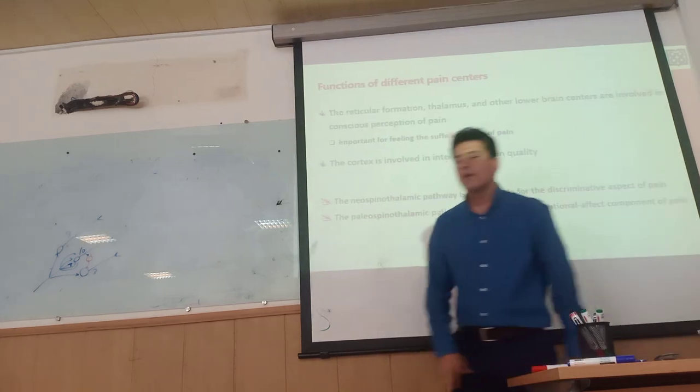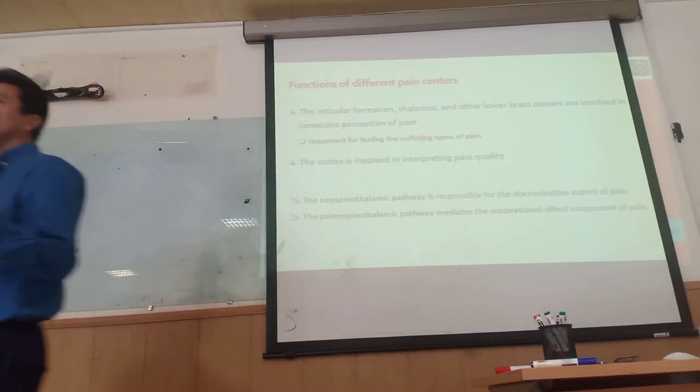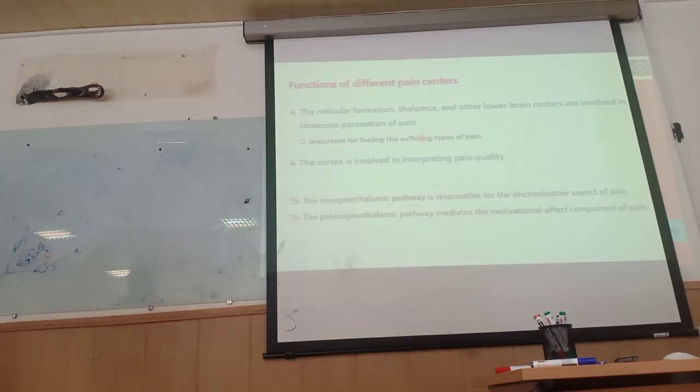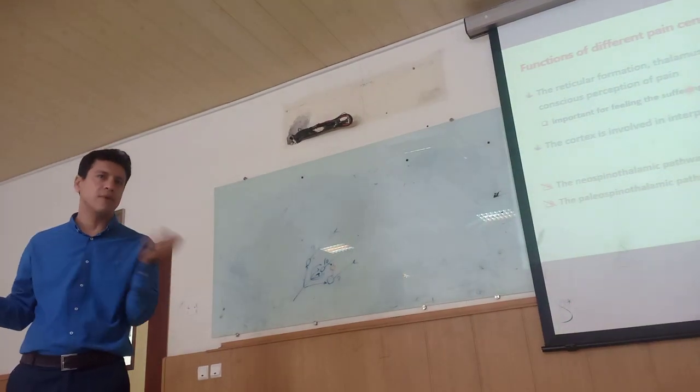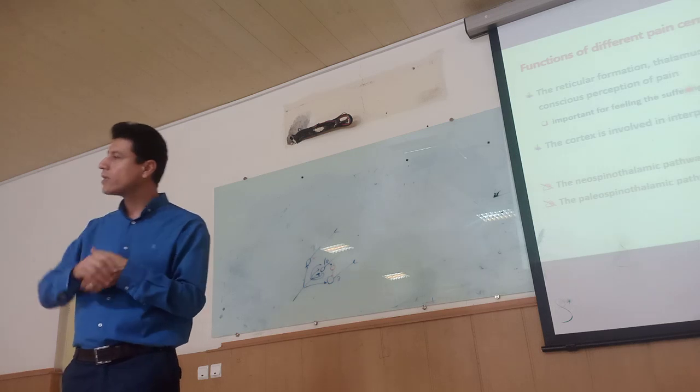So, what is the function of the somatosensory area for pain? Actually, if you remove the whole cortex, okay? For example, in a cat or in a rat, in an animal, okay? So you remove the whole cortex.